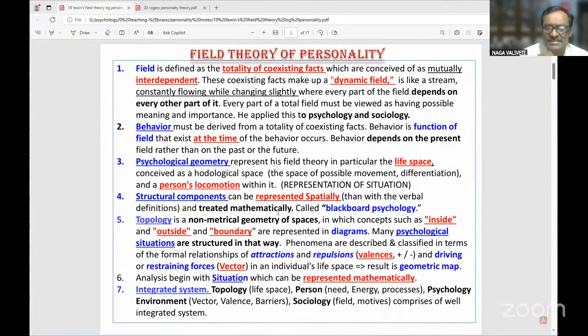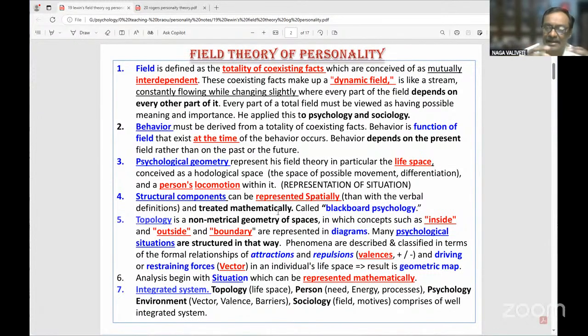He says that all these internal parts, the understanding of internal personality in terms of parts, is called differentiation. He tried to differentiate the personality, the external environment, and the psychological environment also, meaning certain parts.